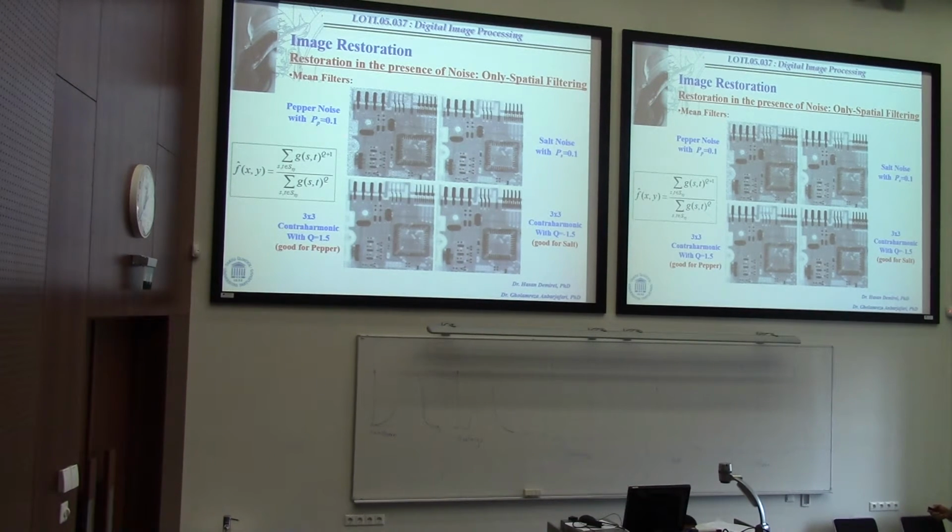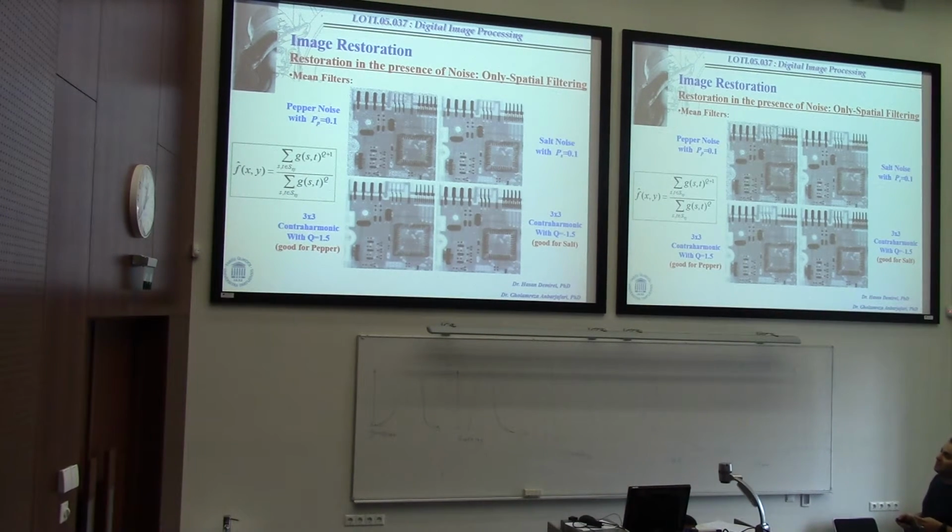And also, if we add pepper noise, it will just add dark points to the image. For example, we consider this as a salty noise image. It means that we add some white points to the image, the value of 255 in an 8-bit image.